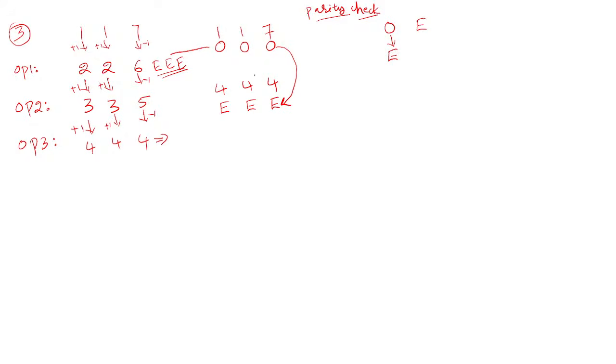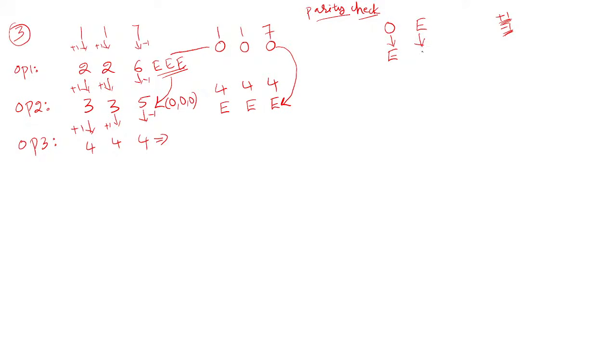If the number is even, see here, then adding one or decrementing one changes its parity, from even to odd. It's just like a flip, because you are either incrementing by one or decrementing by one. So it's just like a flip operation.